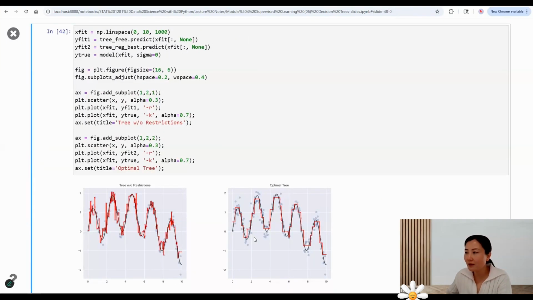So this is the unrestricted tree, and this is the optimal tree. I think it looks pretty good, although the test R-square is still much smaller than the training R-square.